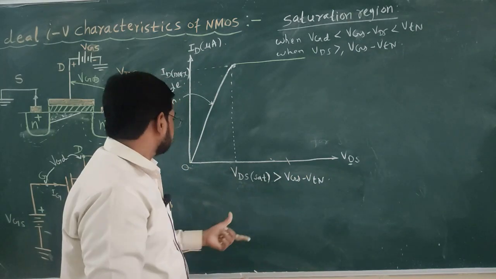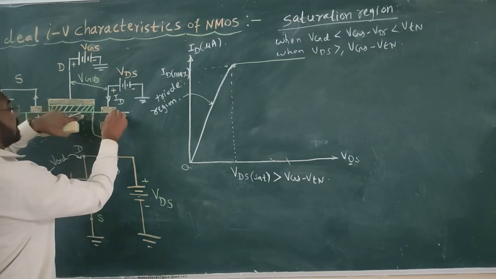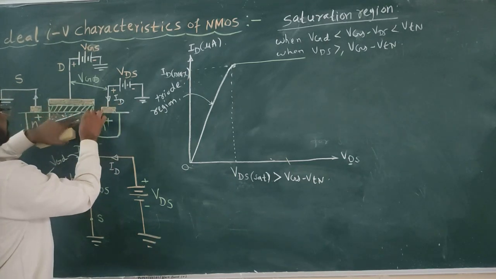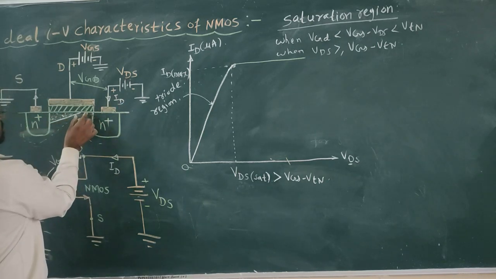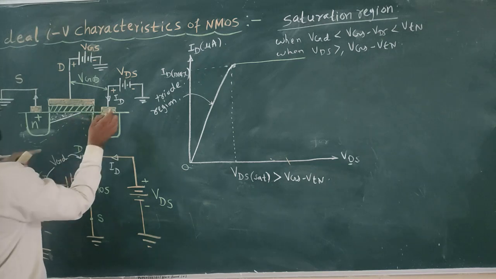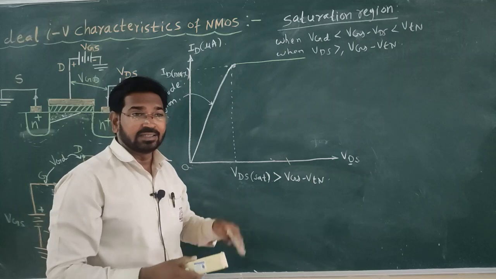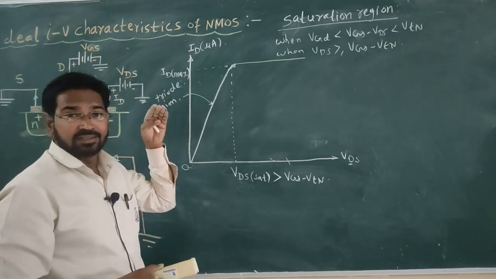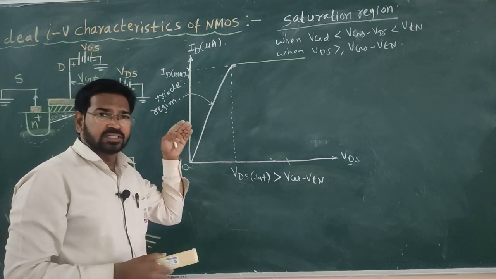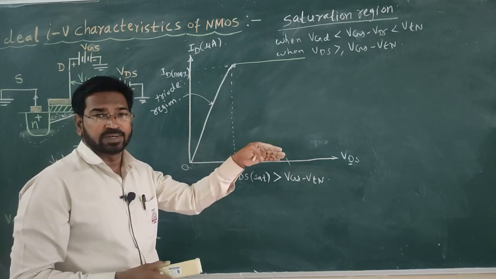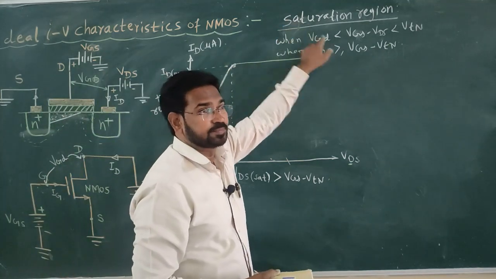Because of this, electrons penetrate the depletion region and reach the drain, and the rate of electrons reaching is constant through this pinched off channel, and the drain current almost remains constant, and it is said that the device is in saturation. Saturation means a constant current is flowing through the device. In that sense, the word saturation is used.